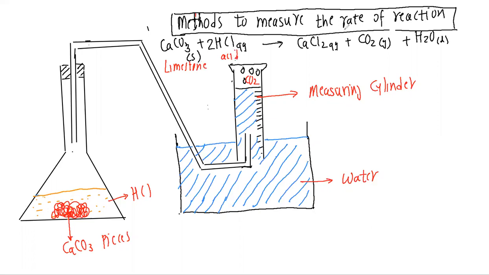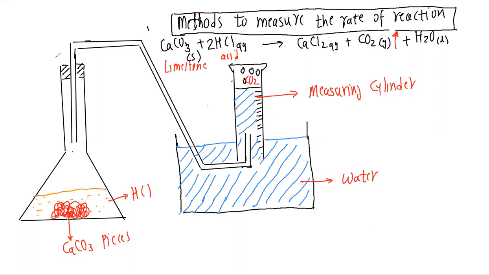And during this reaction, what is important is that there is a gas, CO2, carbon dioxide, getting produced. So we are going to measure how much CO2 is getting produced, at what rate. Simple.